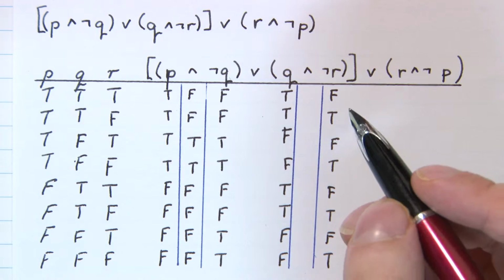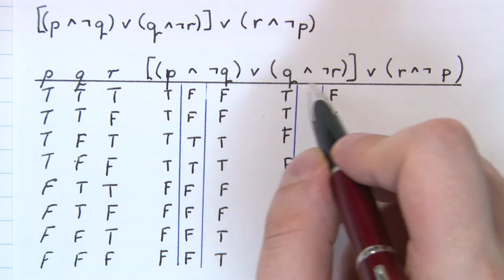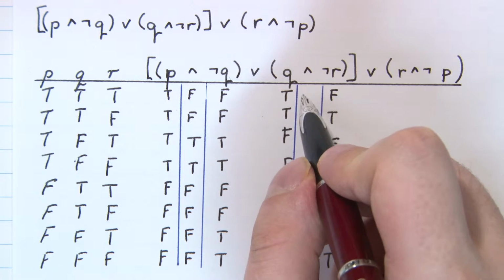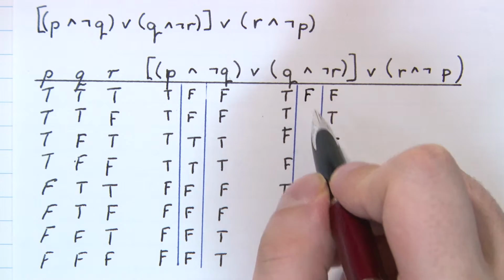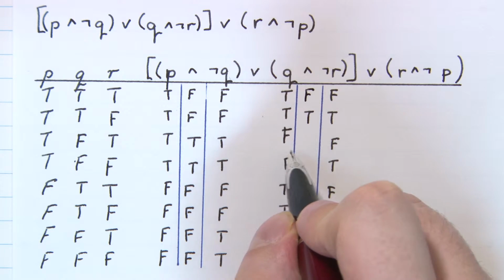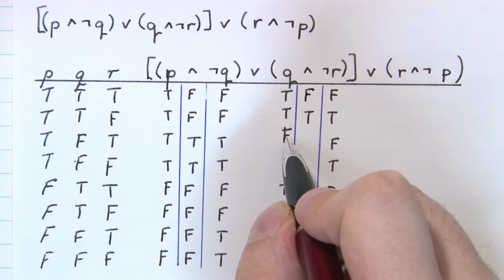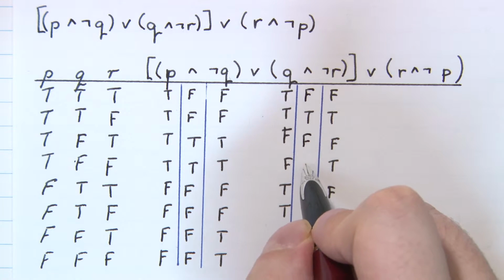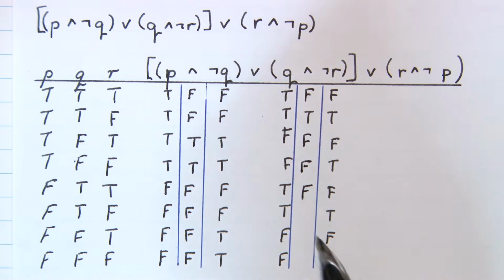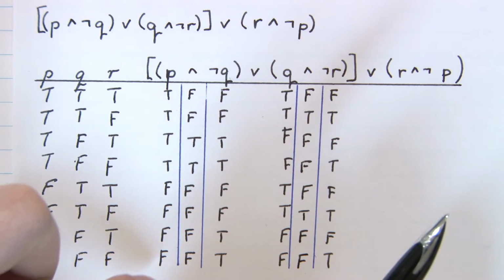Again, I do the AND in between the 2 columns here. So T and F, that's false. True. It should be aligned a little better here. So false and false, that's still false. There's false, false, true, false, and false. Okay, so now I've done the inside of these brackets here.